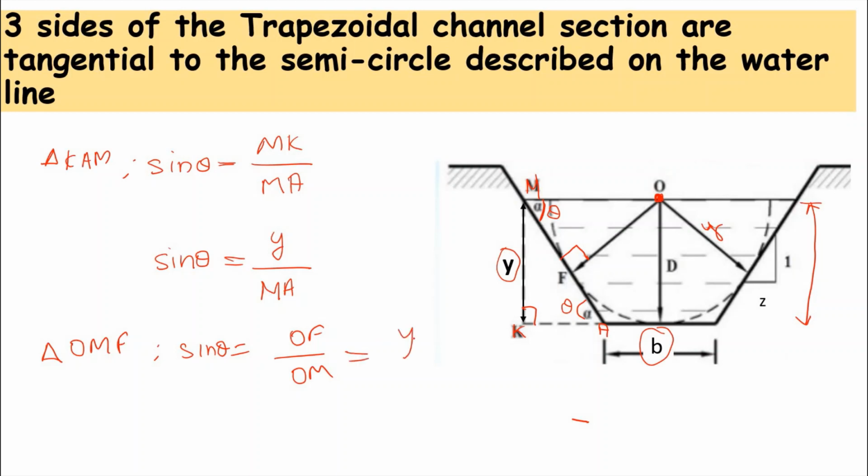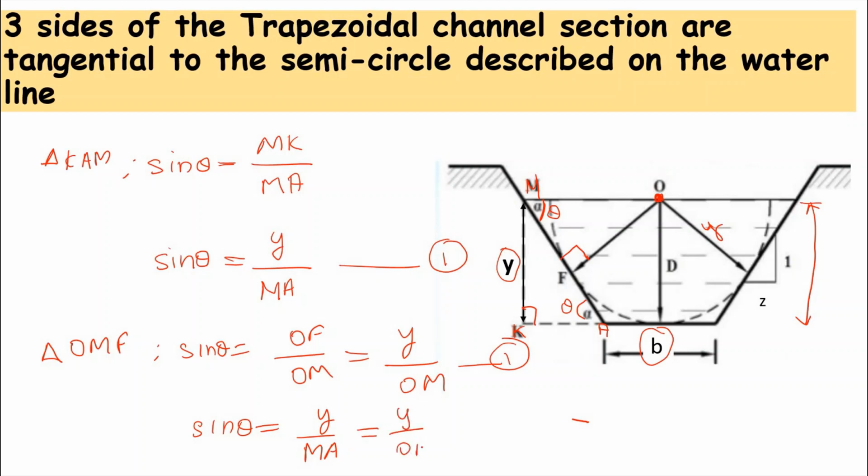OF is y, since the radius of this circular section is y, so it is y by OM. So we have two equations: sine theta is equal to y by MA and sine theta is equal to y by OM. So I can write y by MA is equal to y by OM. That is, MA will be equal to OM.